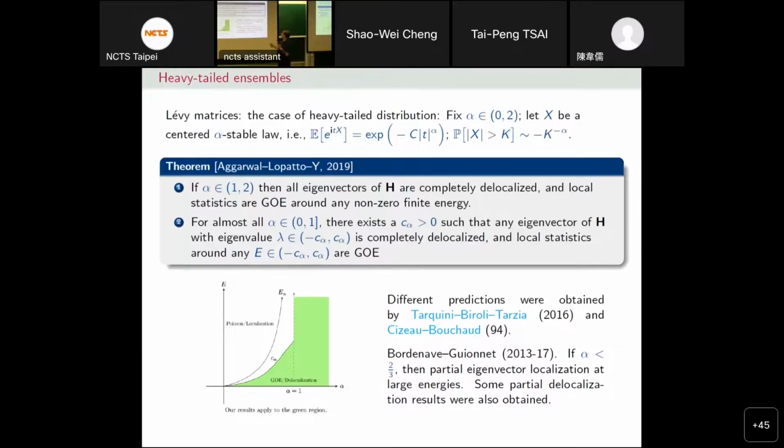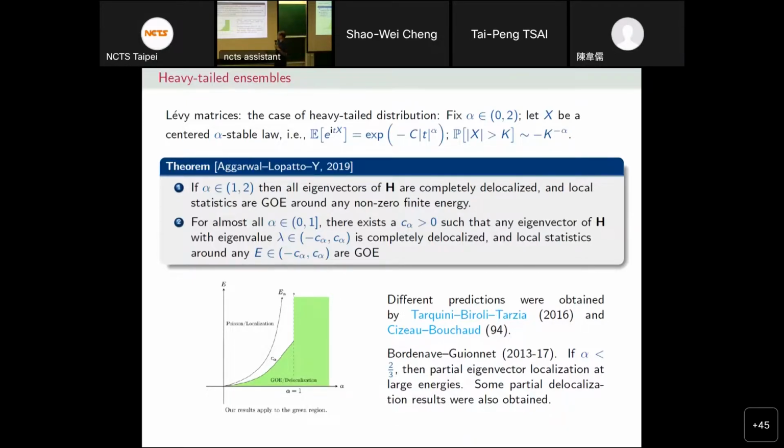If you assume the probability law of the matrix elements is a Levy distribution, which has some special form, roughly speaking the key is this: the probability of the random variable being bigger than k is k to the minus alpha, and when alpha equals 2, this more or less means the random variable has a second moment. So you can think of alpha as the number of moments the matrix element has.